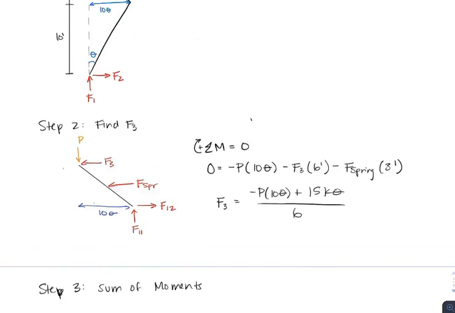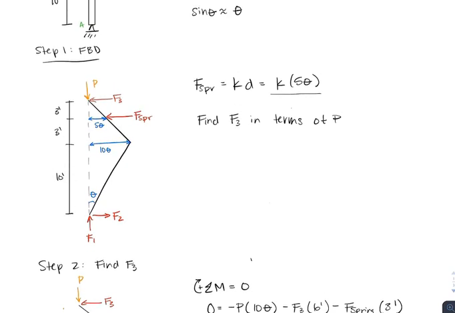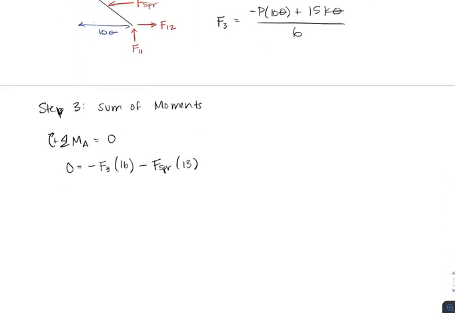And these distances are coming from this original free body diagram that we figured out in step 1, where we have those distances on the left. So our force of our spring is 13 feet from point A, and our force F3 is 16 feet from point A. So that's where those distances come from, 16 feet and 13 feet. And so now we're going to plug in what we know for F3 and our force in the spring.